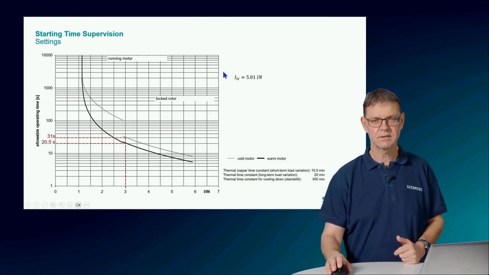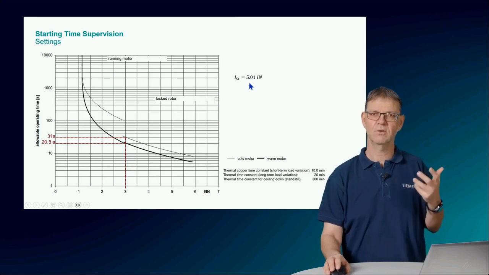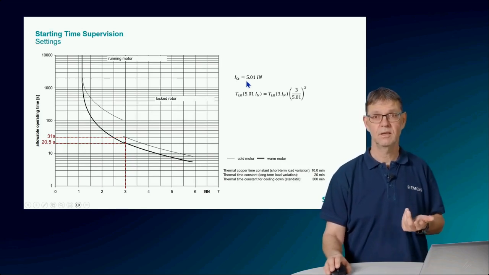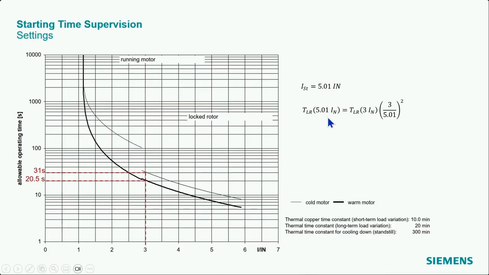In reality, in the data sheet, I have the starting current of 5 times nominal current, and we can now calculate the corresponding starting time, which corresponds to the 31 seconds. I take the starting time of the 3 times nominal current, the 31 seconds, and multiply this with the ratio of the current, so the 3 divided by the 5.01, to the square, as you see here in the equation.